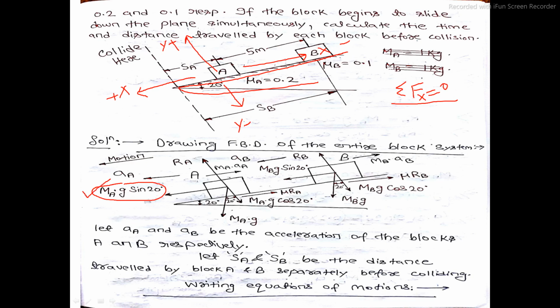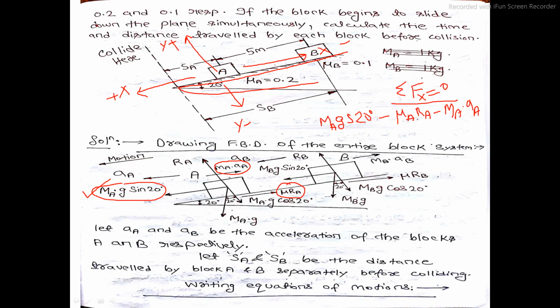Equation will be mag sine 20 minus frictional force, that is minus mu A into Ra, minus this inertia force for block A, that is minus ma into Aa.